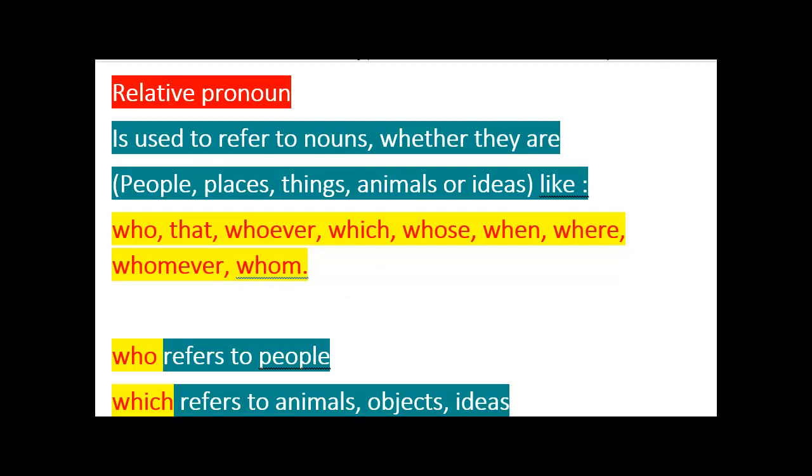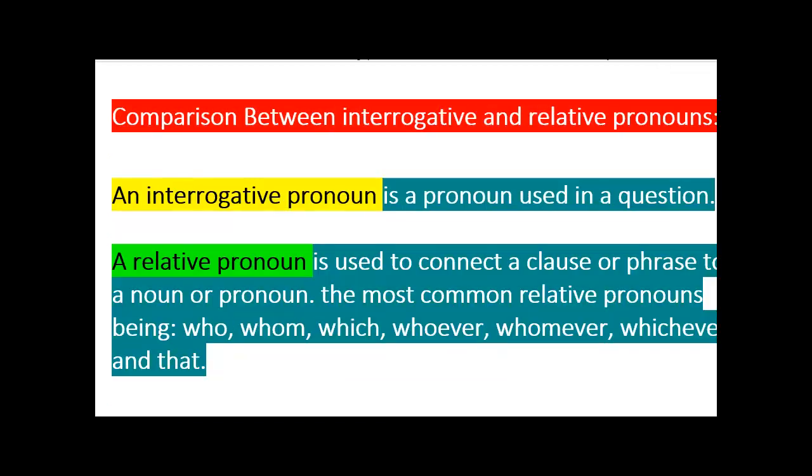Now, let's see some comparison. I think it might help a little bit to show comparison. An interrogative pronoun is a pronoun used in a question. We ask a question. Relative pronouns connect a clause to a noun or a pronoun.